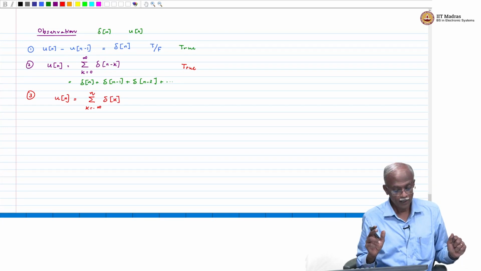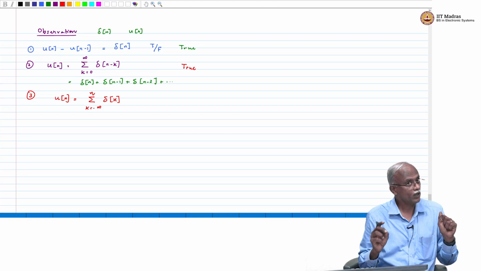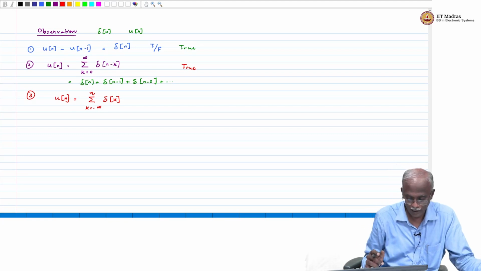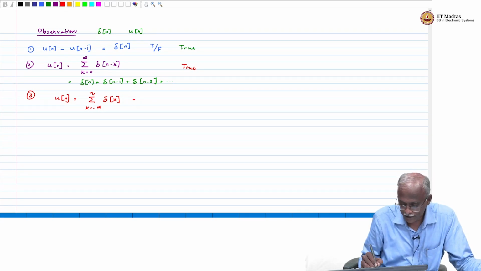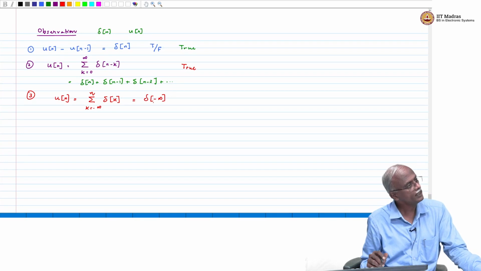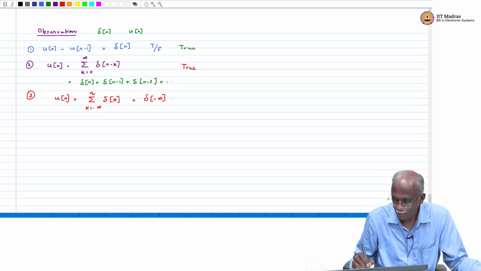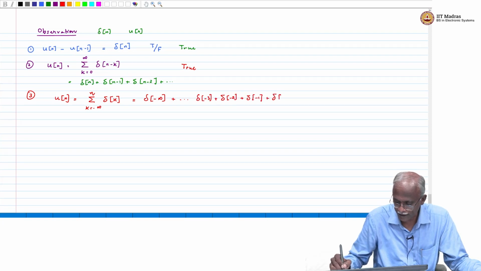We'll have to think a little bit because it's not as straightforward. So what we are saying is, can we write this summation as delta of minus infinity? What is delta of minus infinity? 0, plus some large number of values, delta of minus 3, 0, delta of minus 2, 0, delta of minus 1, 0, plus delta of 0.